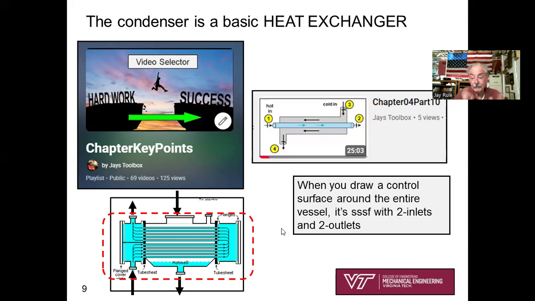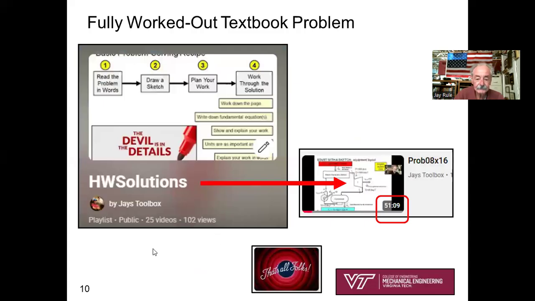And so this really becomes a fairly simple analysis problem to do. If you're interested in the nuts and bolts, I would chase you to problem 816. That's where I work through an entire Rankine cycle analysis, and you may be able to get some hints on how you would start and complete your own problem.